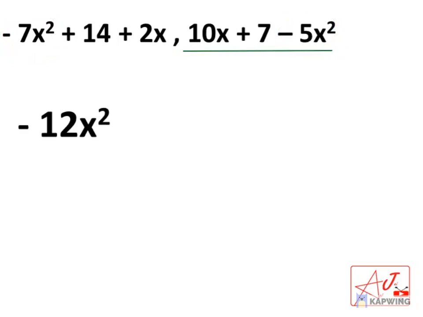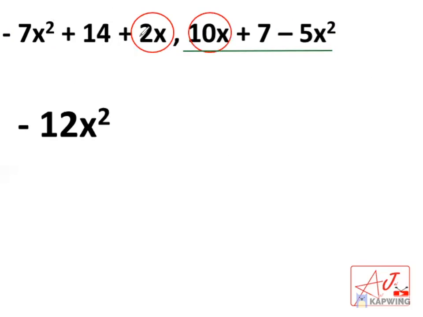Next, following yung degree, susunod na po natin muna ay itong 2x dahil after ng 2 ay 1. Kaya lahat na may x ang isusunod natin. Silang dalawa yon, si 2x tsaka si 10x.